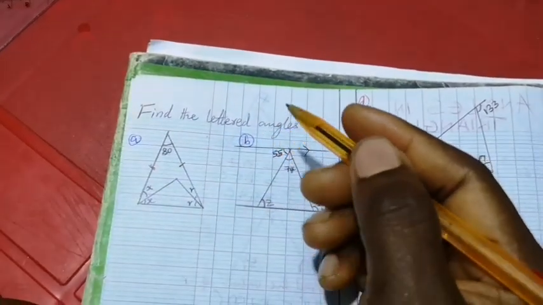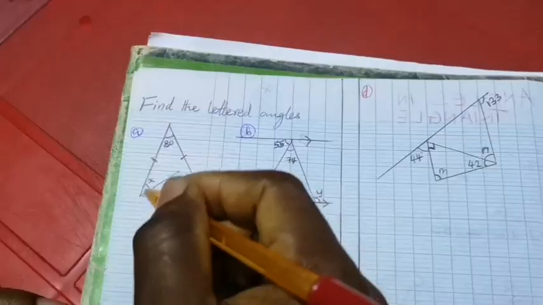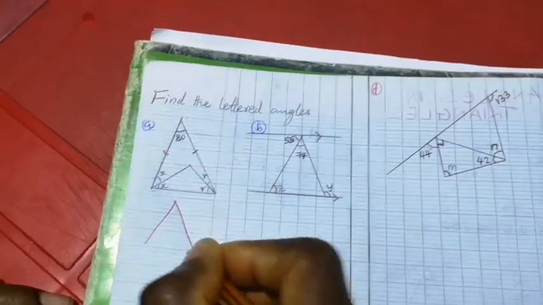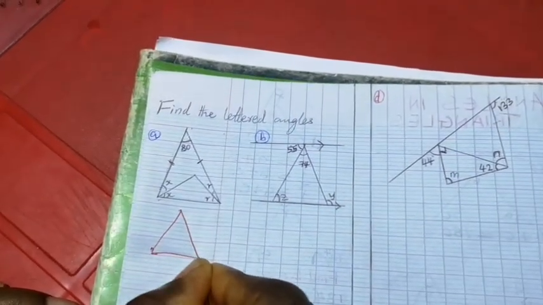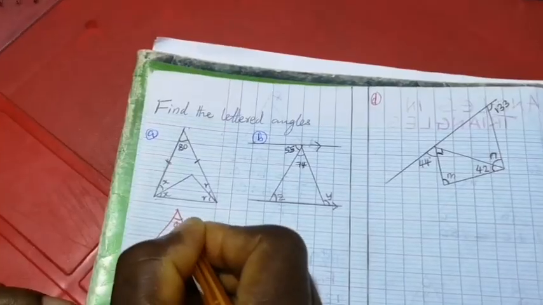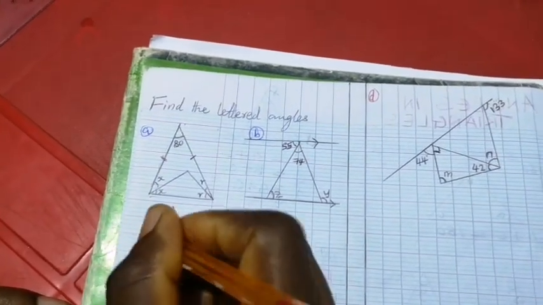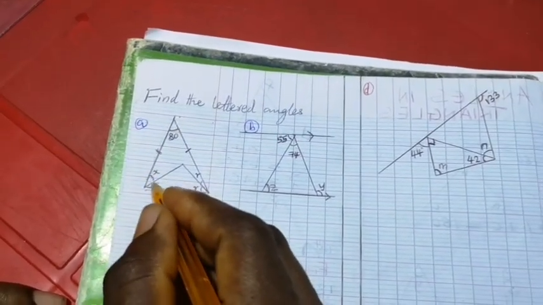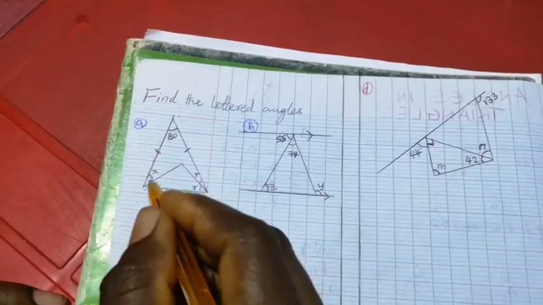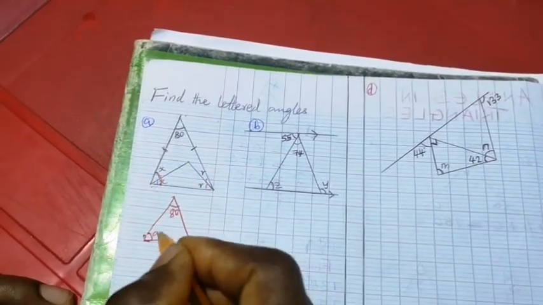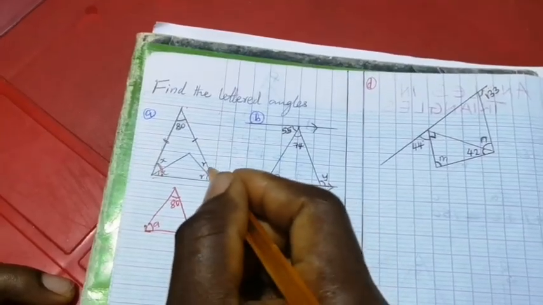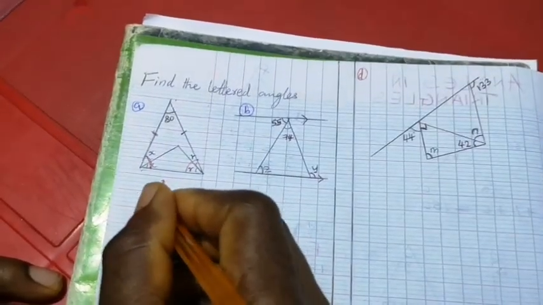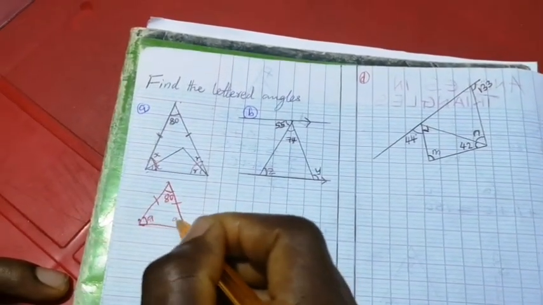Okay, so I will just draw out this big triangle this way, and I will just call here 80 and call here A, because from here to here is what I am now taking as A. From here to here, all of them is now my A, and also from here to here will also be A, because this is an isosceles triangle. Remember that the base angles are always equal.